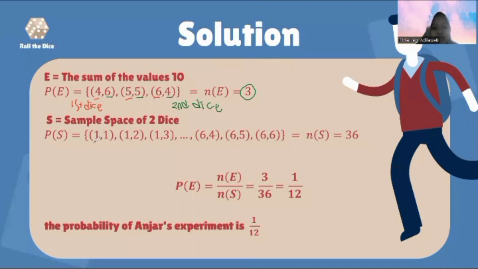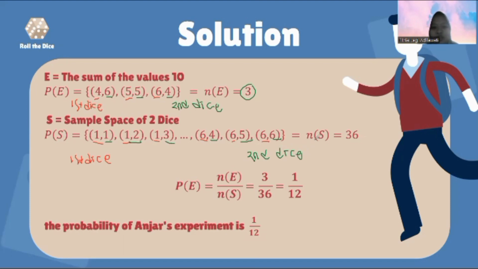So on the red line 1, 1, 1, 6, 6, 6 belong to the first dice. And on the green line 1, 2, 3, 4, 5, and 6 belong to the second dice.